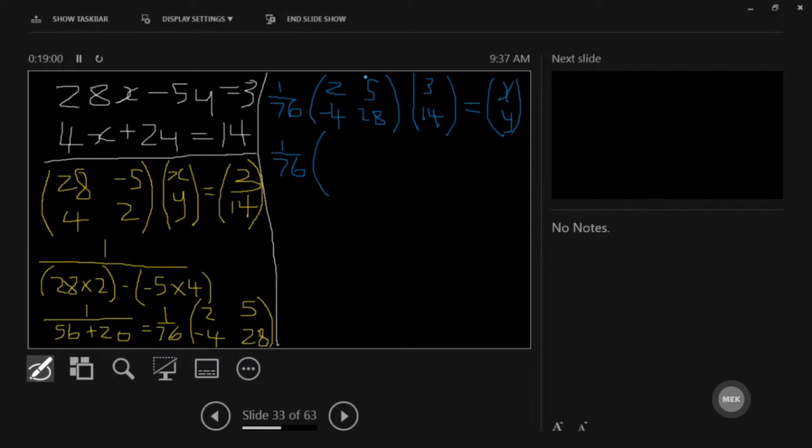And we're going to multiply the 2 by 2 matrix by the 2 by 1 matrix.